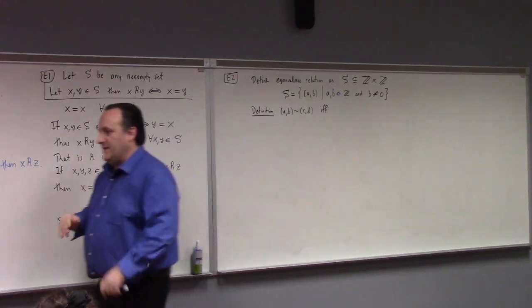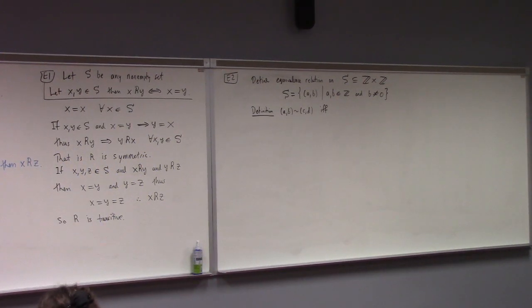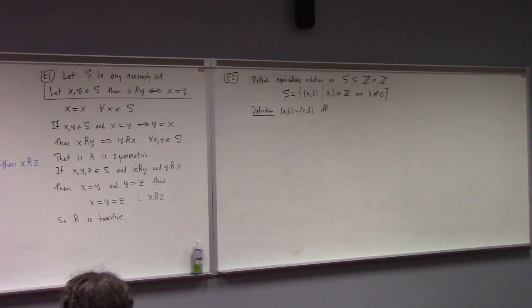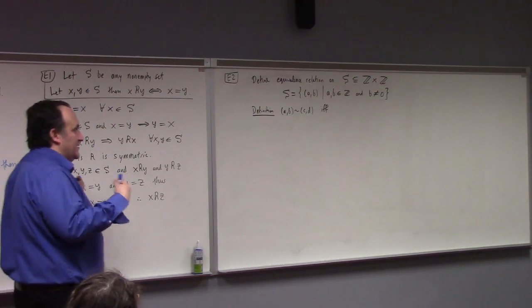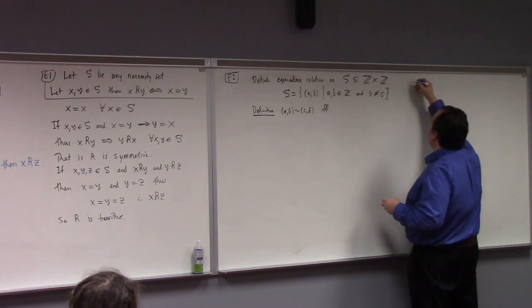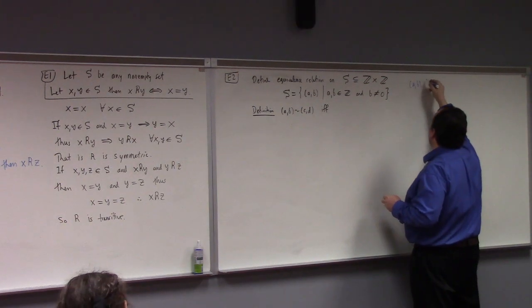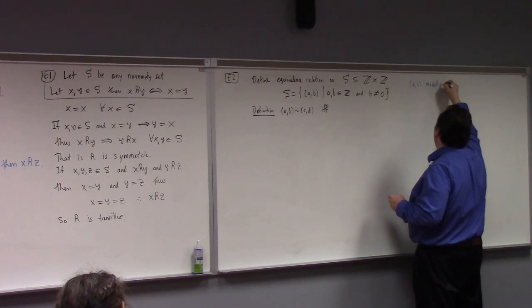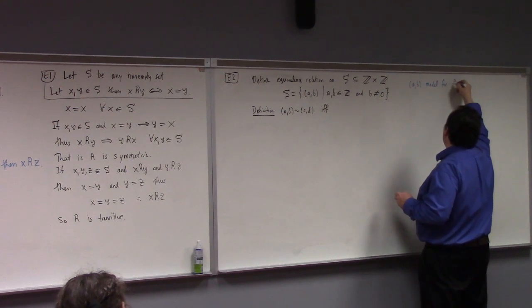Let me show you the man behind the curtain before I even write down the definition. What we're doing right now, guys, is trying to look at a formal model of fractions. That's the whole idea of this example. So here, this (a, b) is like a model for the fraction a over b.